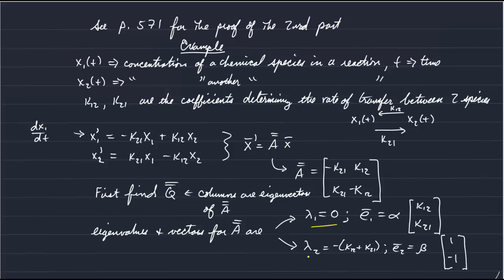So we have the eigenvalues and the eigenvectors. And therefore the Q matrix: the first column is E1, the second column is E2, and that gives k12, 1, k21, minus 1.